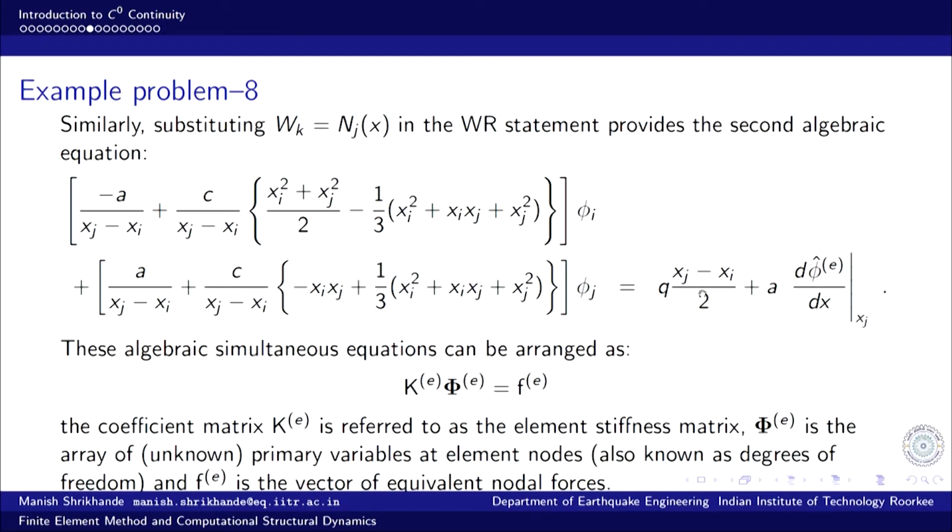This essentially translates the distributed force over the length domain into equivalent forces applied at the nodes, so that the work done by these nodal equivalent forces will be the same as the work done by the distributed forces in moving through the displacements. So, that is the vector of equivalent nodal forces.